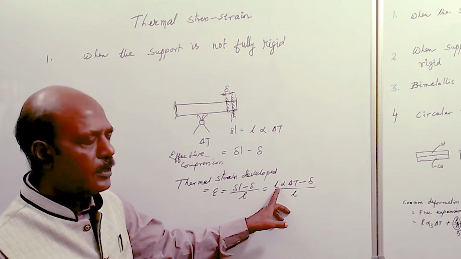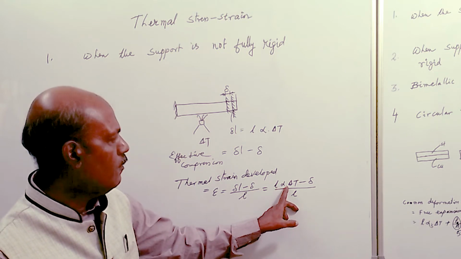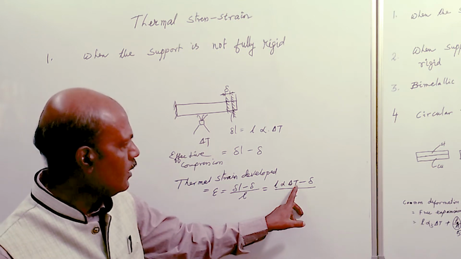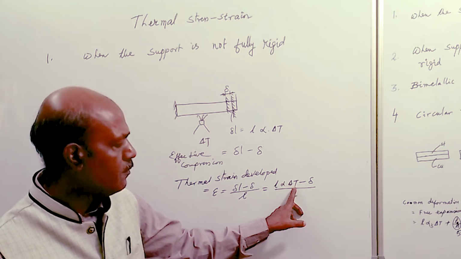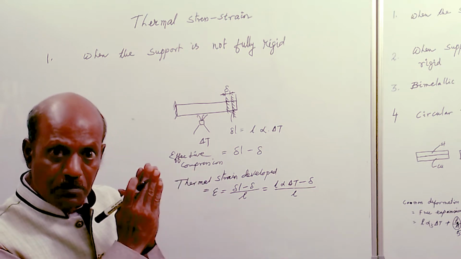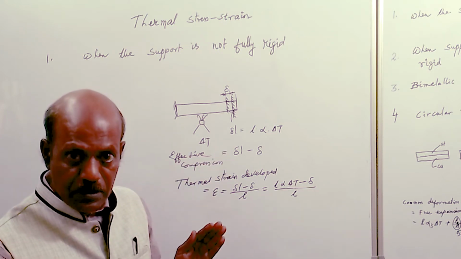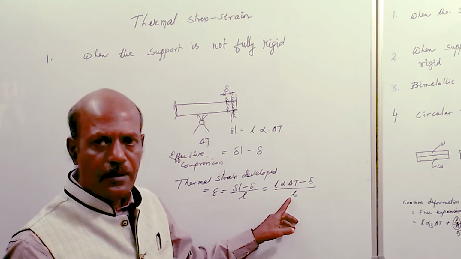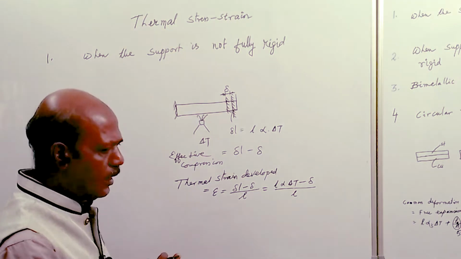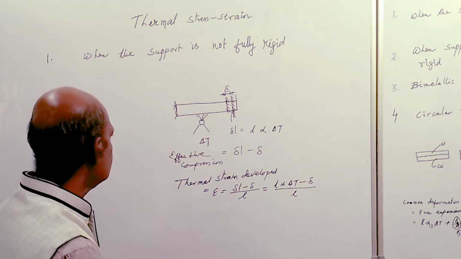L is the original length of the bar, alpha is the thermal expansion coefficient of the member, delta T is the temperature difference created, and delta is the amount by which the support is shifted. So we have got the thermal strain.